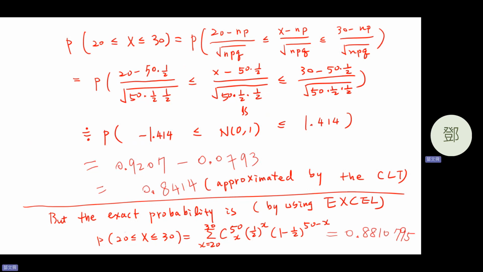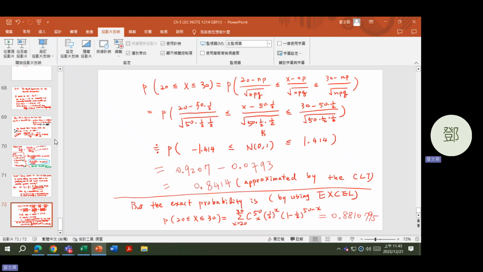We can correct the problem very easily if you look at the figure. Now let me plot the binomial distribution here.